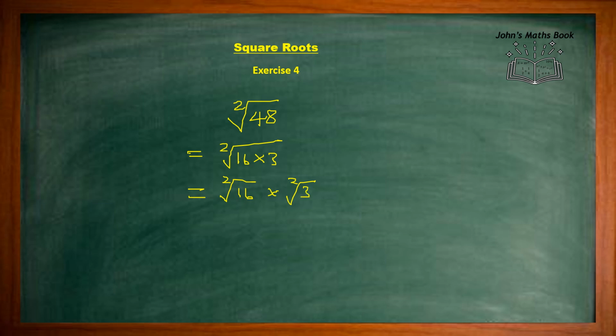Now, we know that 16 is a perfect square because 16 is 4 times 4. So the square root of 16 we know is plus or minus 4. And that is multiplied by the square root of 3. And as the square root of 3 has a fractional decimal part, we'll leave it as the square root of 3. So the final answer is plus or minus 4 square root of 3.